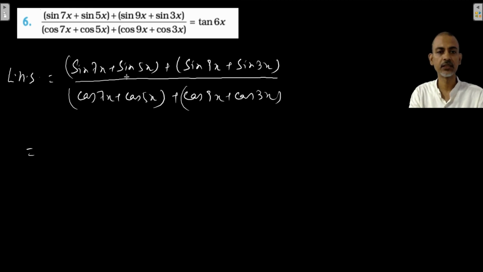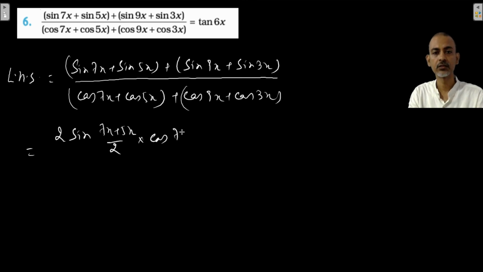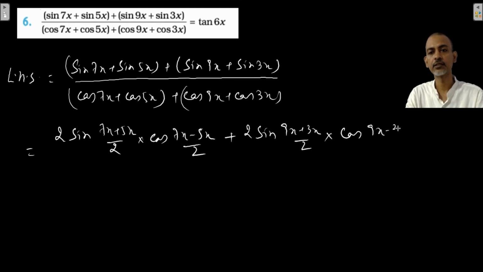So let's simply apply the formula and see how we fare. sin c plus sin d is nothing but 2 sin of (c plus d) by 2 into cos of (c minus d) by 2. So sin of (7x plus 5x) by 2 into cos of (7x minus 5x) by 2, right? And then similarly 2 sin of (9x plus 3x) by 2 into cos of (9x minus 3x) by 2.